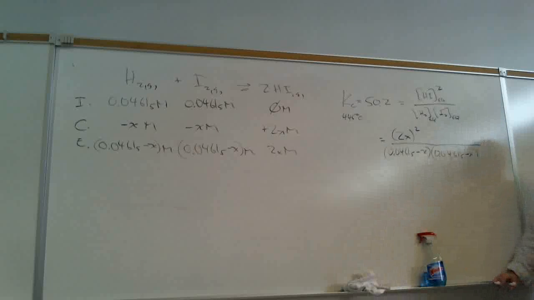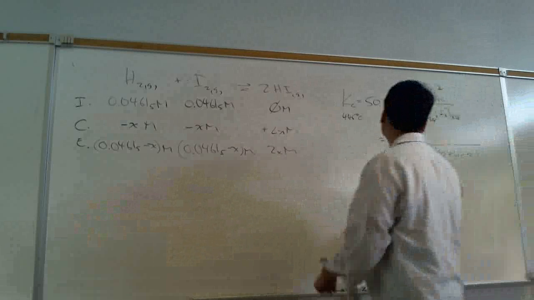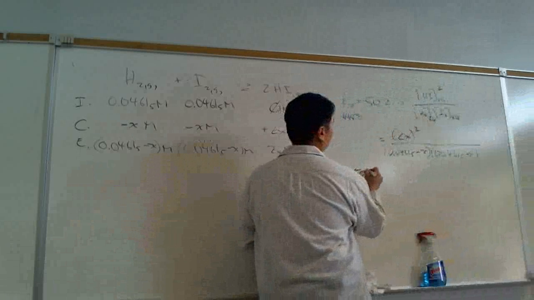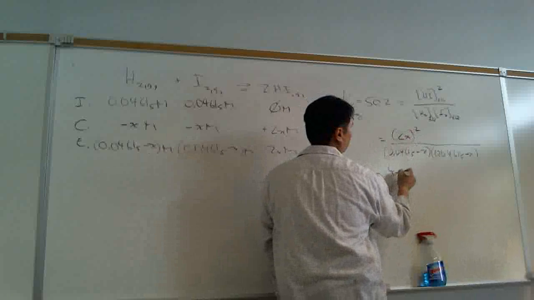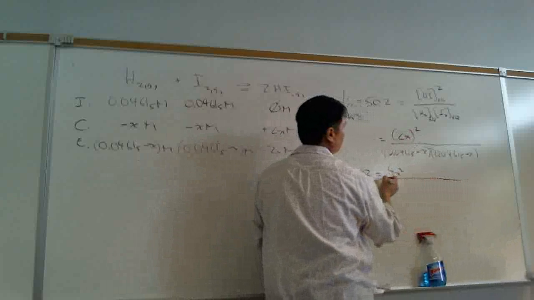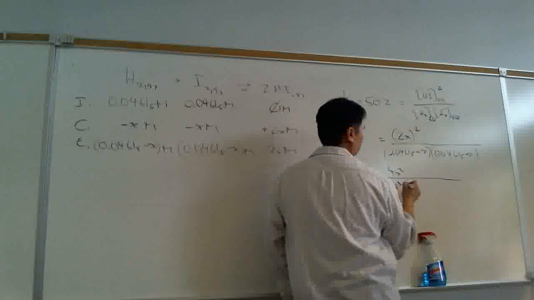Now can we solve for x? Yeah, now we have one equation, one unknown. We can solve for x. So let's go ahead and solve for x. When we solve for x, we get 50.2 is equal to 4x squared. And then let's multiply this out. Minus x times minus x is x squared.